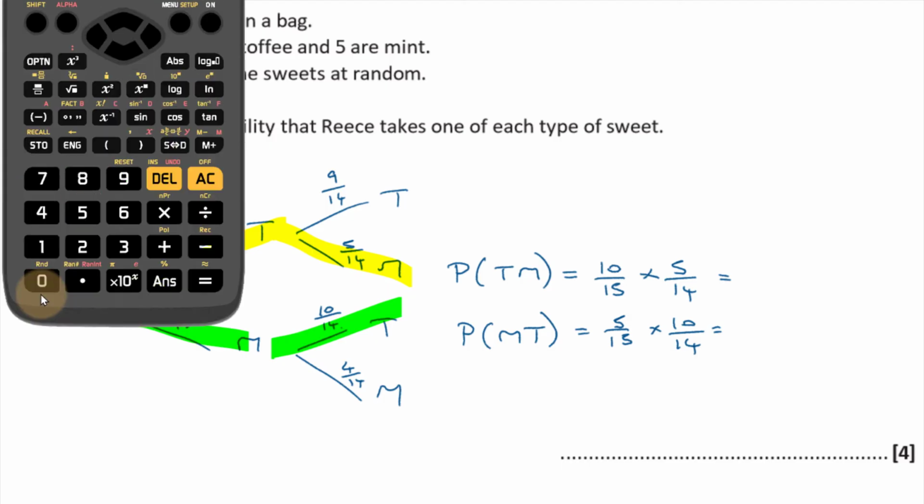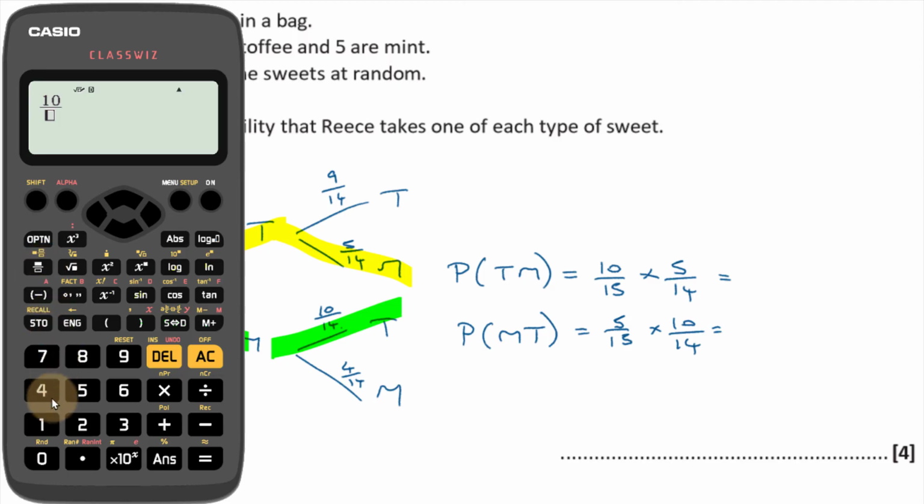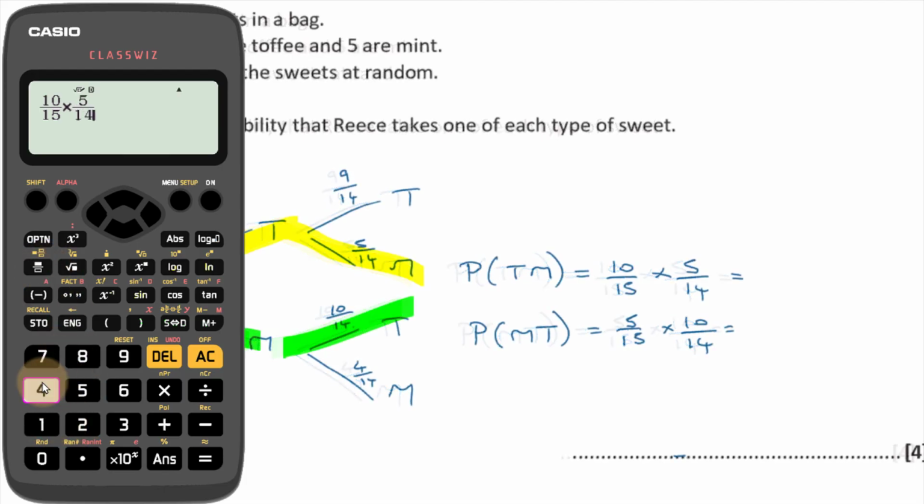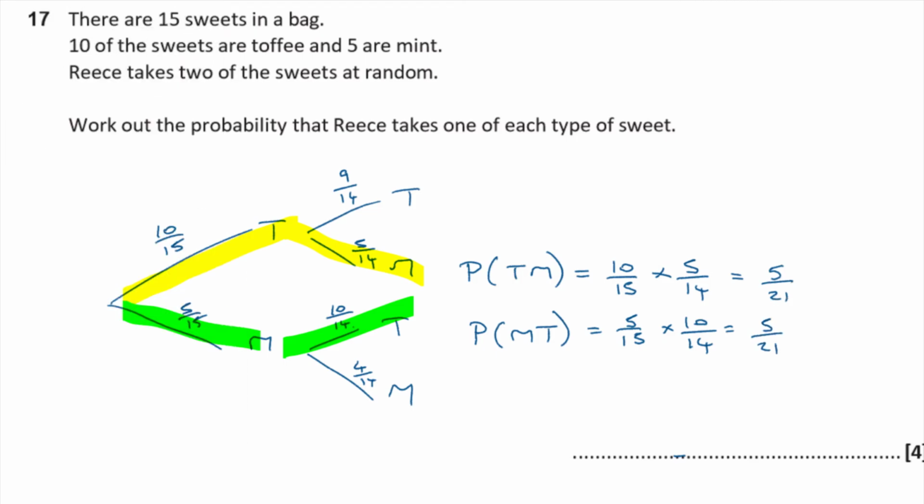So 10 over 15 times 5 over 14. That comes out to be 5 over 21. So it's going to be the same for this one as well, isn't it? 5 over 21, because it's the same numbers.